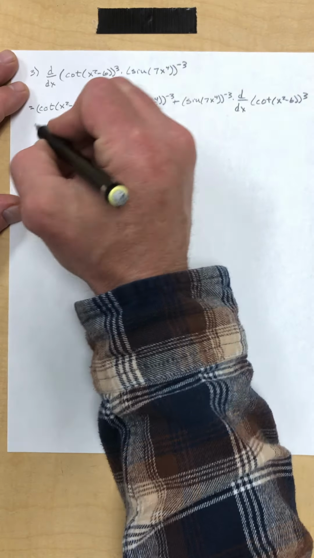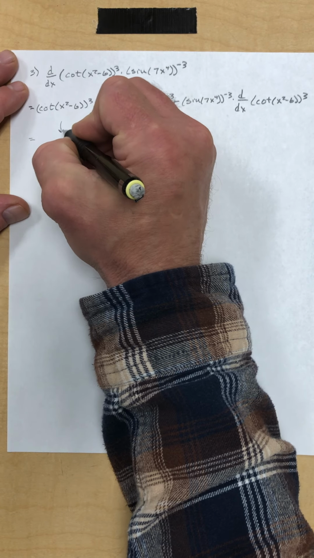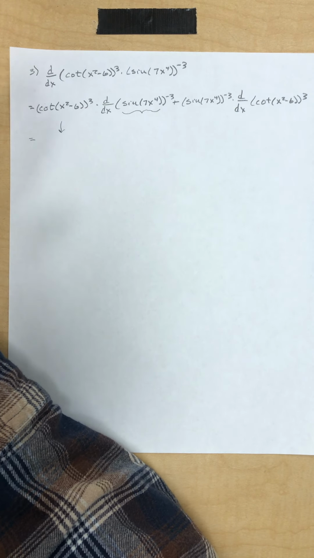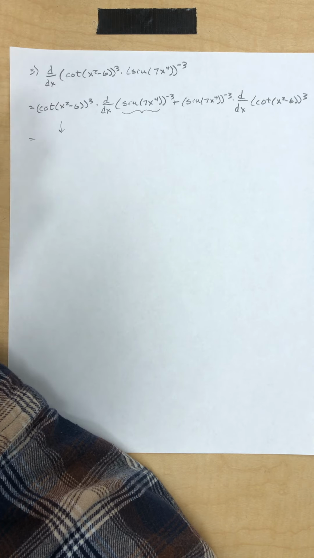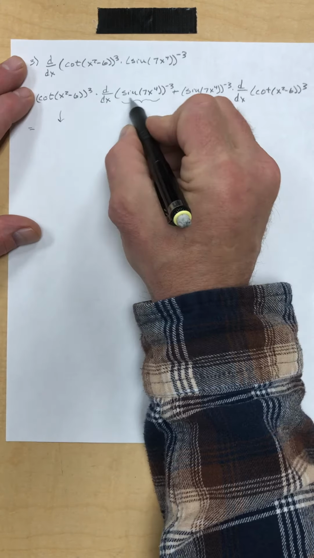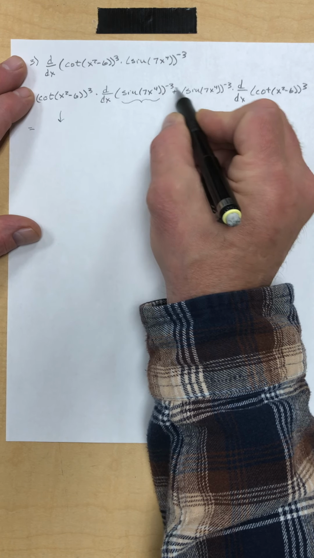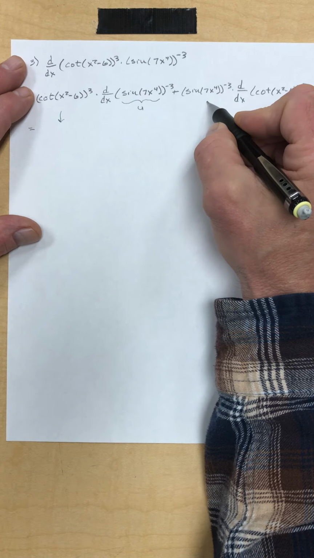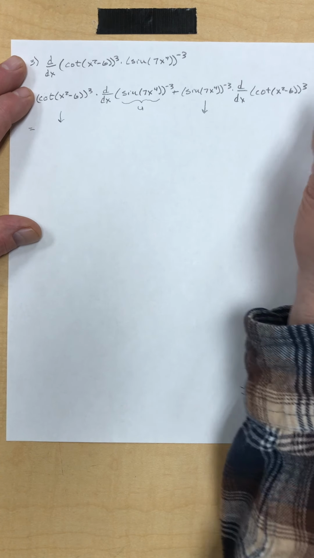Okay, so let's see. I know this guy I just keep bringing down, but right here I've got to use u substitution. Well, I've got to use u substitution within the chain rule. So it would start with this whole thing to the negative third power. So that would be my u there. Again, this guy we're just going to keep bringing down.